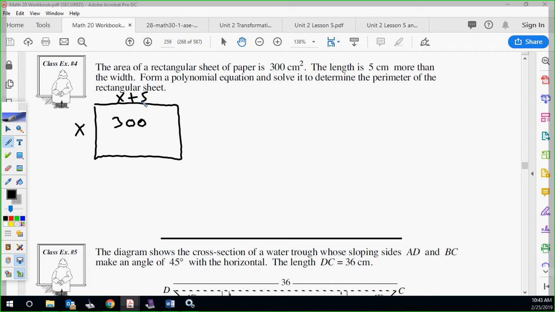So we know area is x times x plus 5 equals 300. So we'll just distribute, and we're going to move the 300 over so that it's equal to 0. And we're going to factor that.